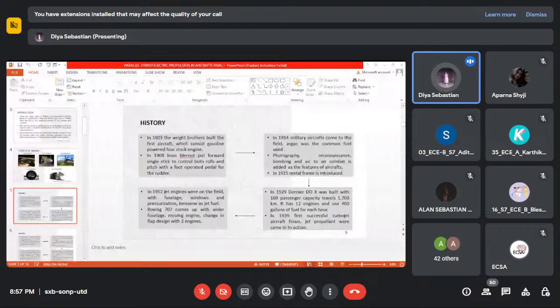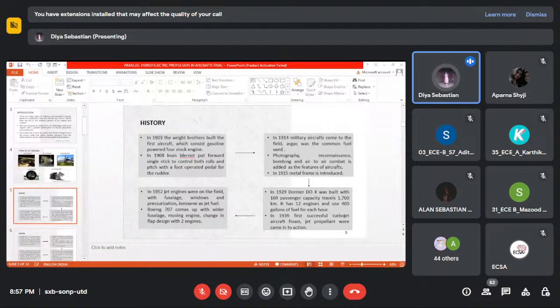But in the 1910s, during the time of the First World War, the importance of aircraft became clear. Considering Germany, more than 1,000 aircraft were made by Germany alone, and they used them not only for transportation but also for photography, reconnaissance, bombing, and air-to-air combat was added as a feature of aircraft.